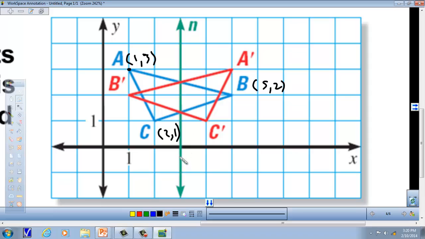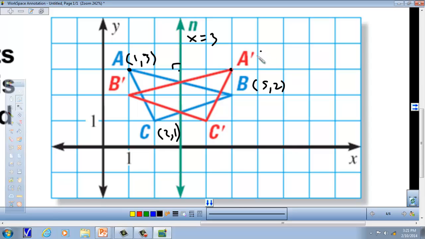This is our line of reflection, and by the way, this line is x equals 3. The easiest way to look at it is the distance from here to the line of reflection, if we go perpendicular to it, is 2 spaces away. So going from 1 to 3, it's 2 away, so we would go 2 in the opposite direction.